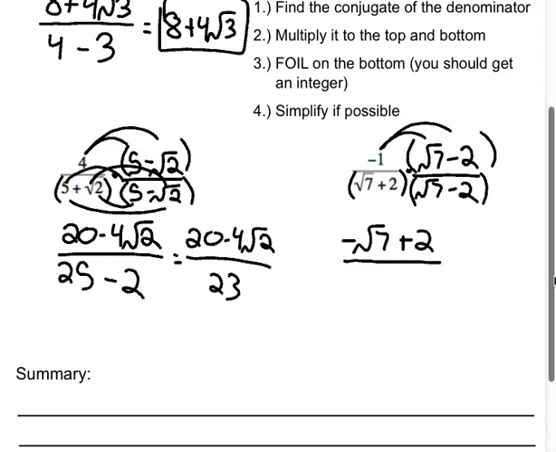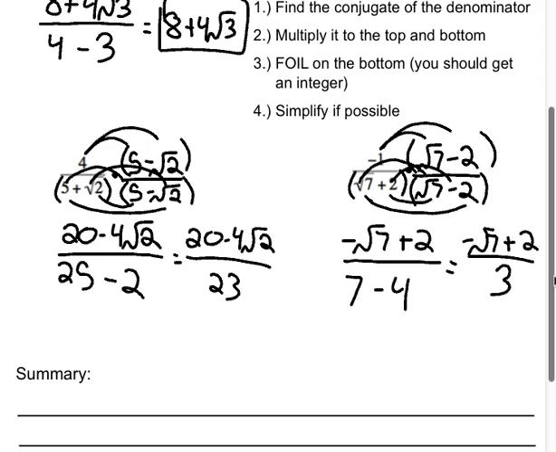Then on the bottom, square root of 49, which is just 7. Then 2 square roots of 7 minus 2 square roots of 7. The insides cancel off. Minus 4. So you get negative square root of 7 plus 2 all over 3.